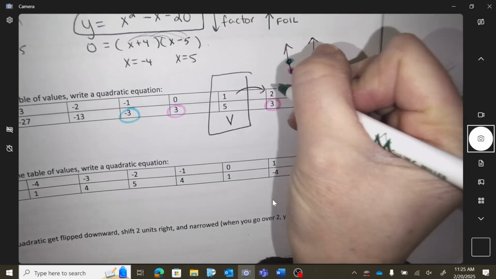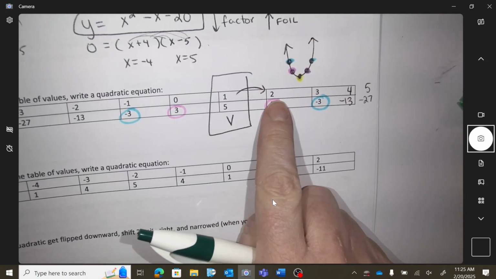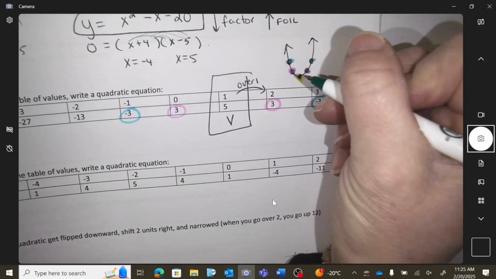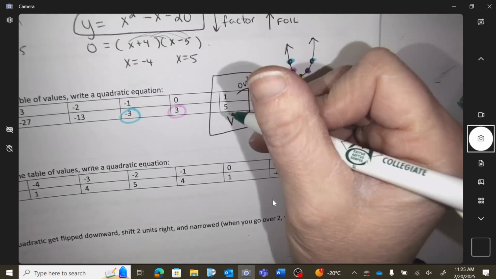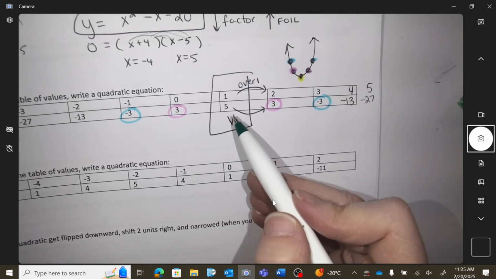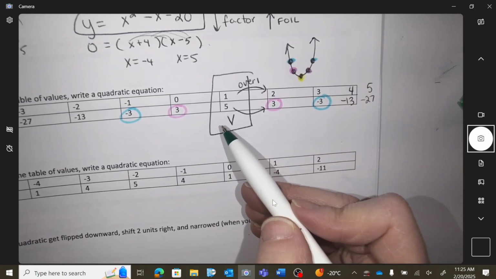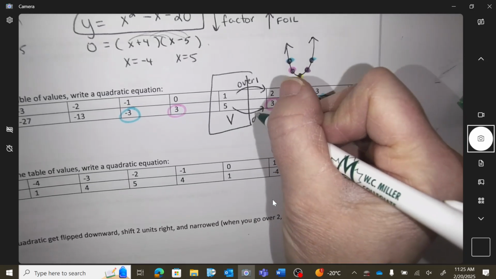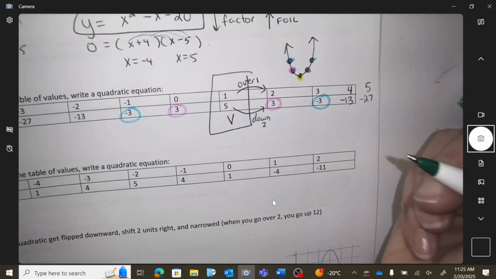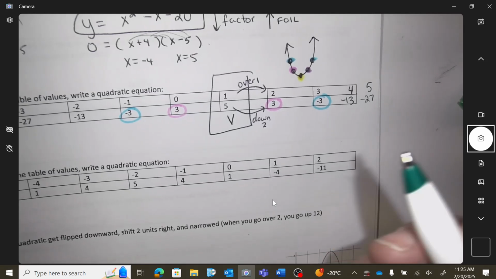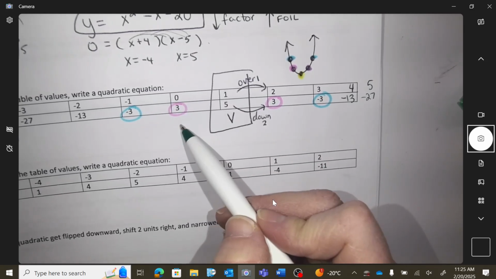So let's travel here. 1 to 2 on an x means you have moved over by 1. And a y value of 5 to 3 means you're moving down 2. Okay, and it's the same thing onto the other side, right?